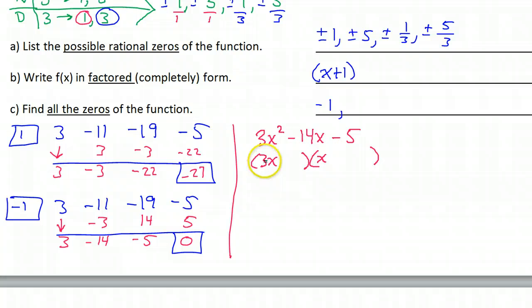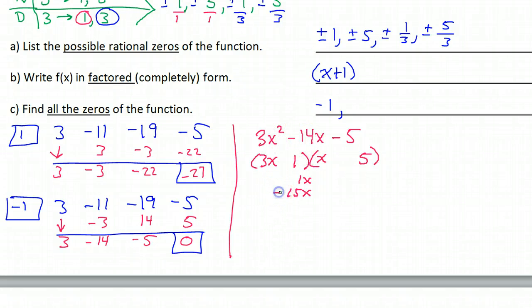Okay, so 3x squared would only factor as 3x and x. 5 is like 1 times 5. If this doesn't work, I'll try switching places. Inside, I have 1x. Outside, I have 15x. This is looking promising. I need -14.